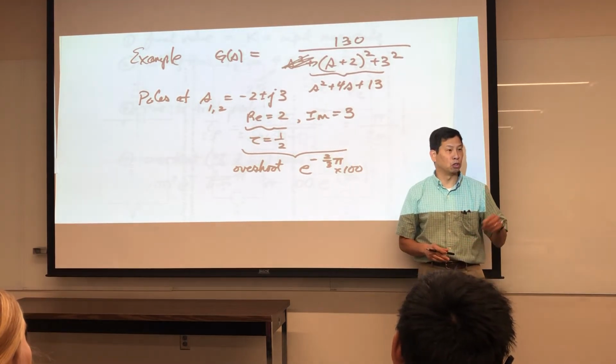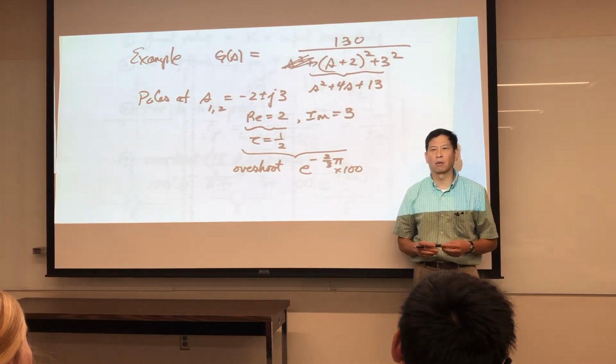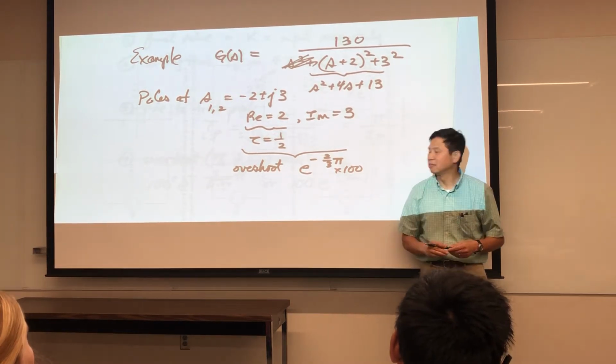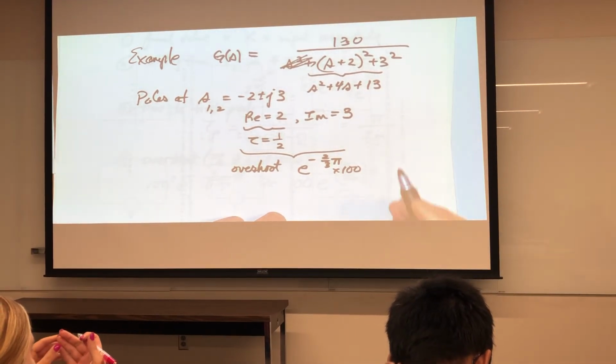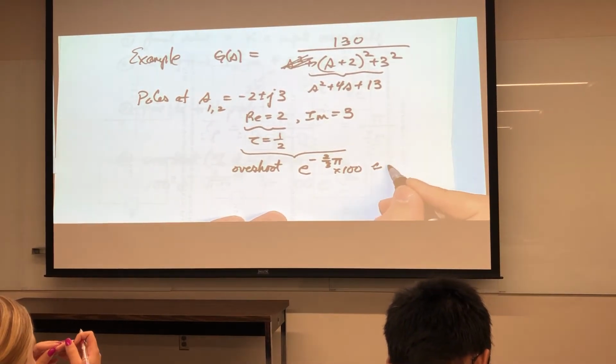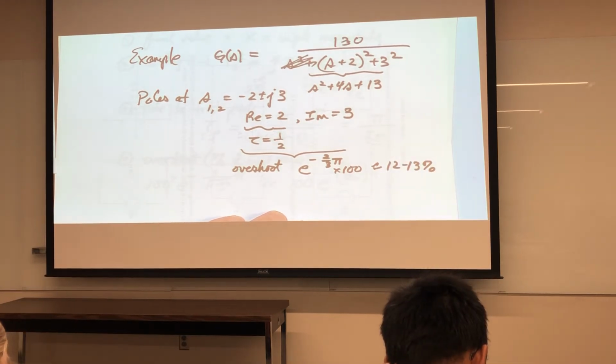If you actually use pi in your calculator, what do you get? 0.123. So this is approximately 12 to 13%.